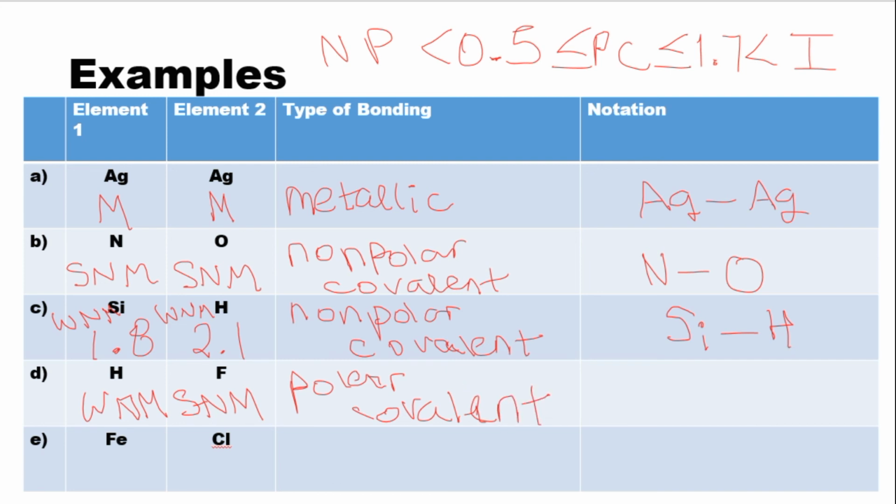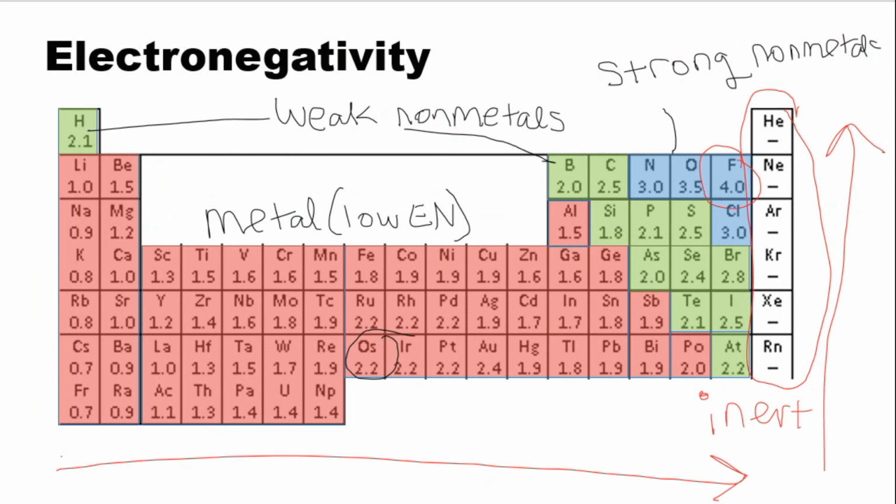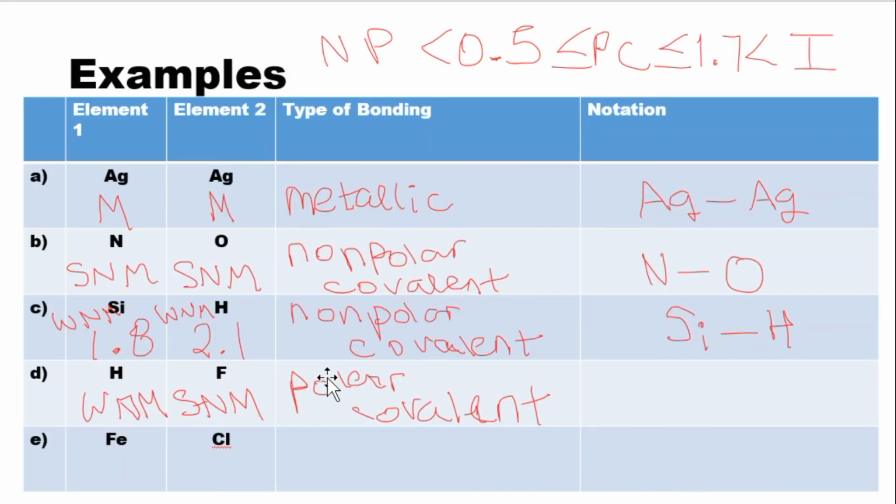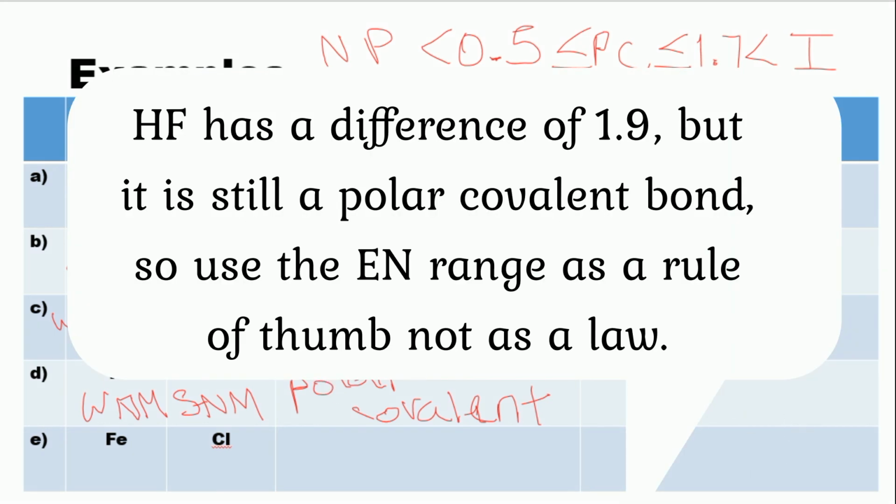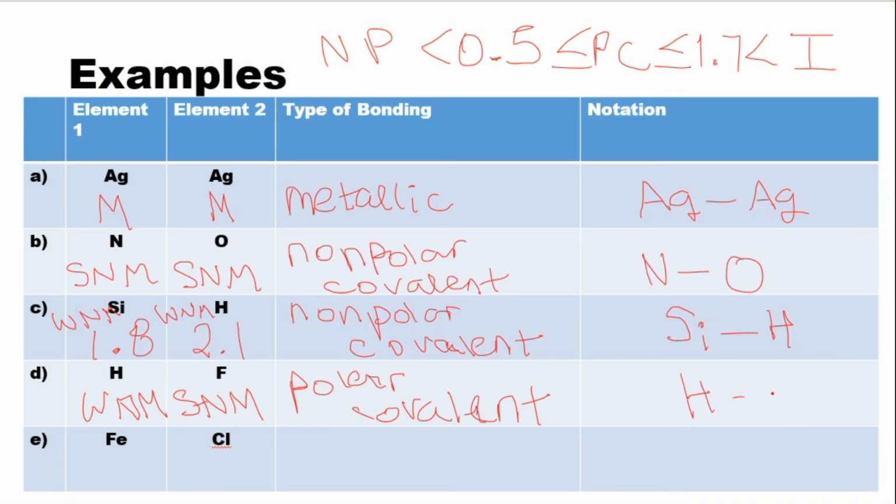So fluorine is 4.0, hydrogen is 2.1. When you subtract that difference, you should get a value that is in between 0.5 and 1.7. And then you know that it will be a polar covalent bond. And so you have hydrogen bonded to a fluorine.